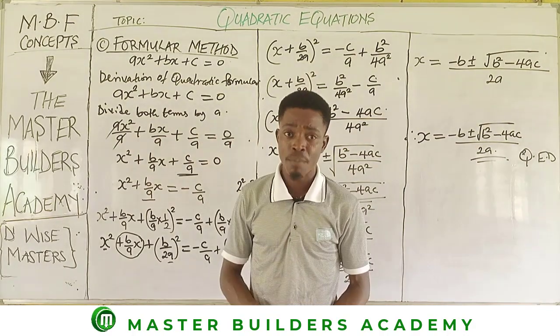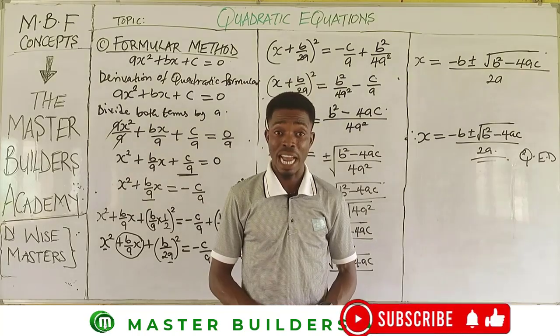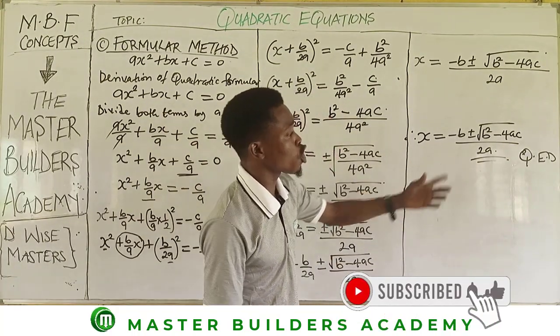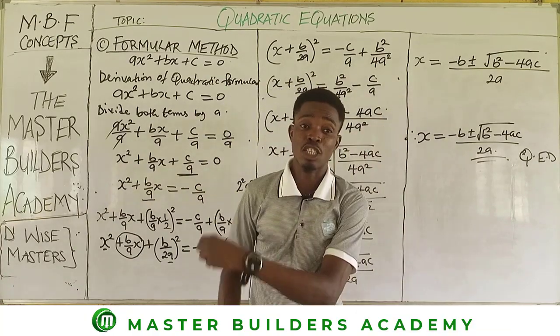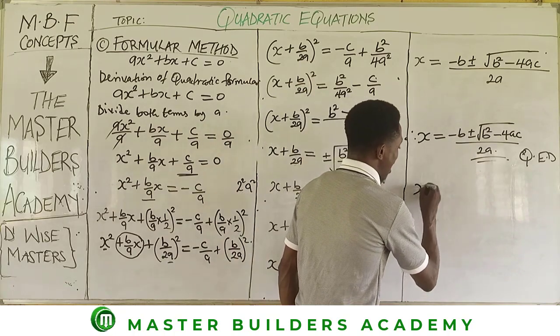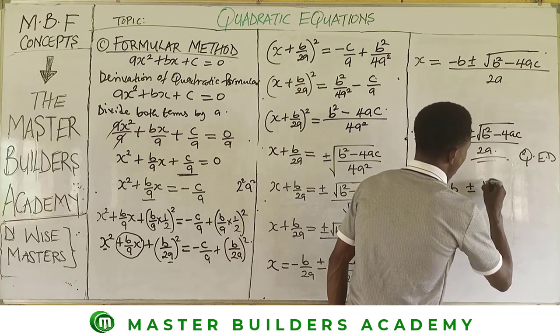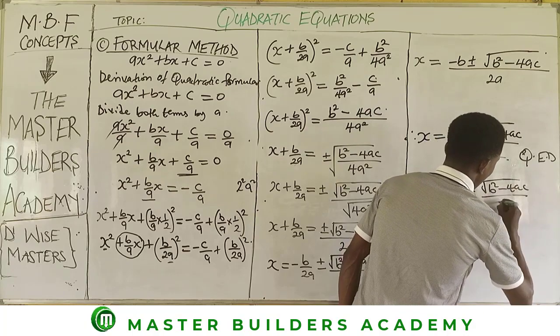So in the next video, guys, we are going to be using this formula to solve quadratic equation problems. Of course, sometimes in objective, some students have this as options, and many students fail this because most of the time, many students write this as minus b plus or minus square root of b squared minus 4ac all over 2a.